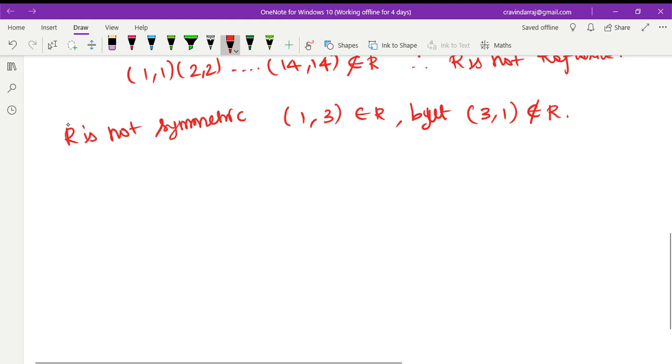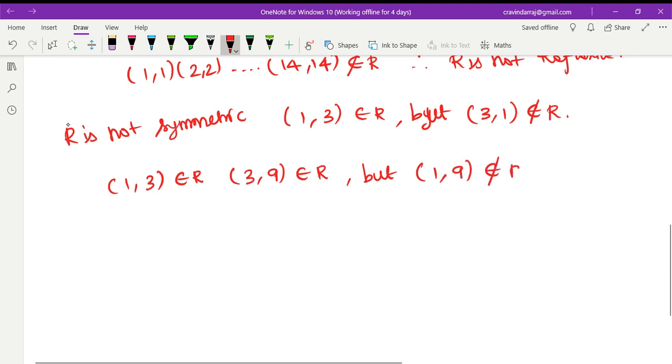Then next one is transitive. Transitive means if we take (1, 3) and (3, 9): (1, 3) belongs to R, again (3, 9) belongs to R, but (1, 9) does not belong to R. Therefore R is not transitive.